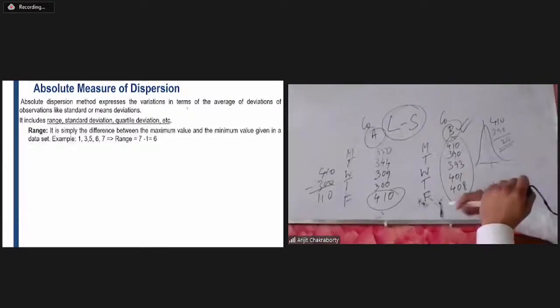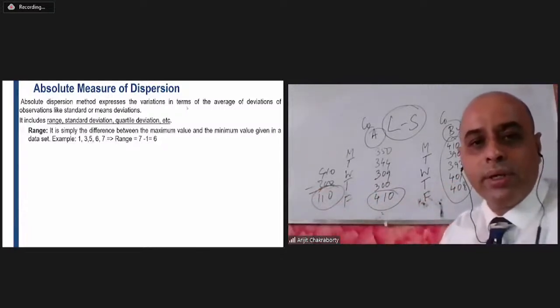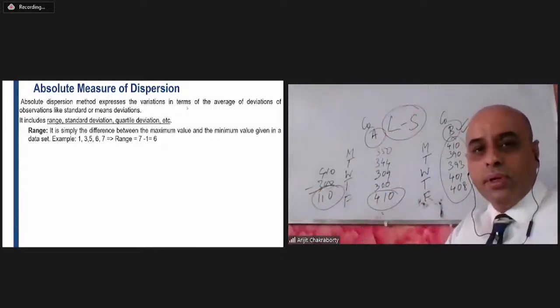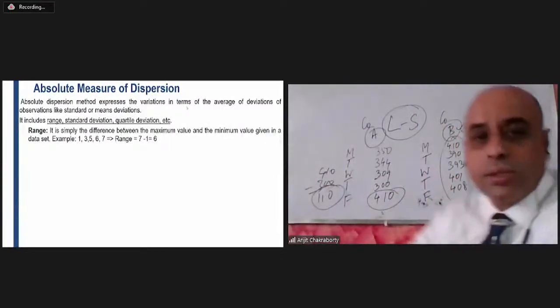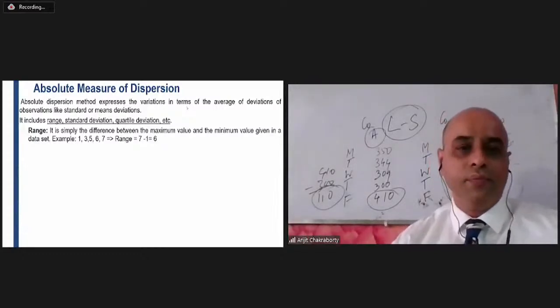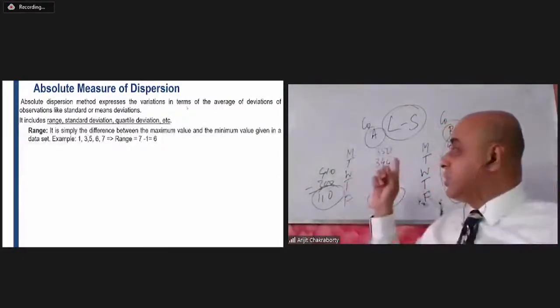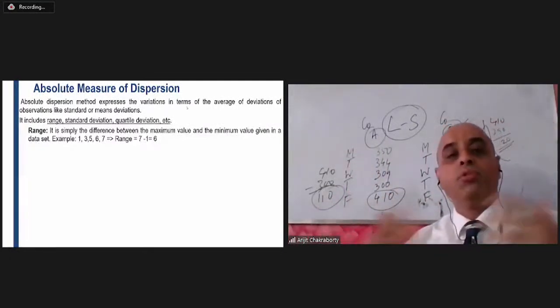In the first case, the range is 110. That means the movement is very sharp. But in case of company B, the range is 20. So range is one way to decide which type of distribution is more dispersed.